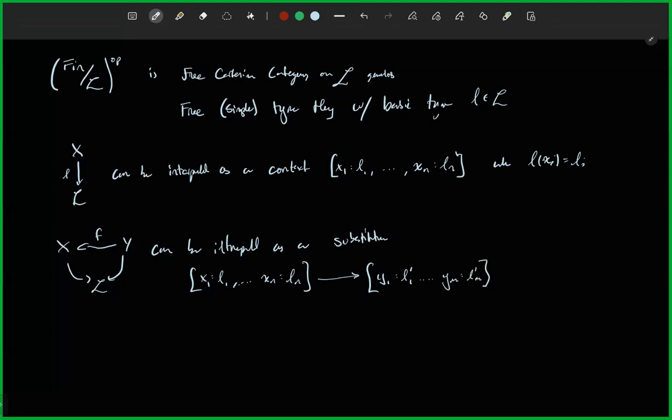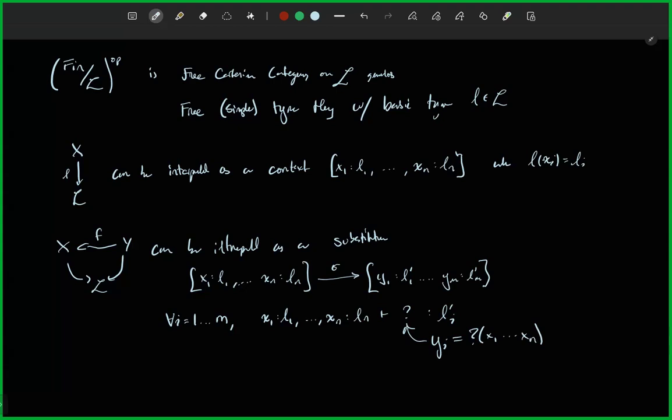So what does a substitution like this mean? Well, it is a way we write down, for all i equals 1 dot dot dot m, an expression x1 of type L1, dot dot dot, xn of type Ln yields some question mark of type L prime i. That is, we need to give something so that yi is equal to some expression of x1 dot dot dot xn.